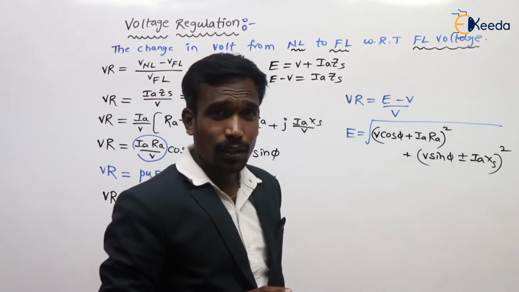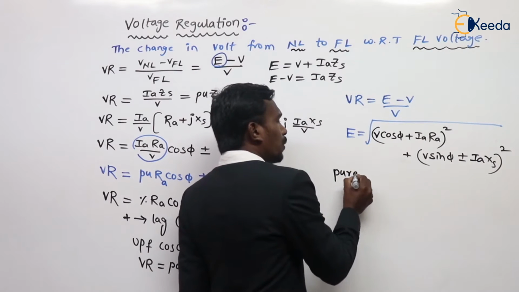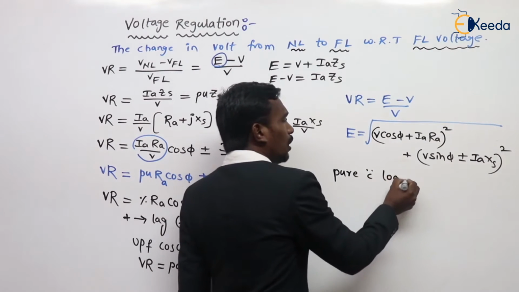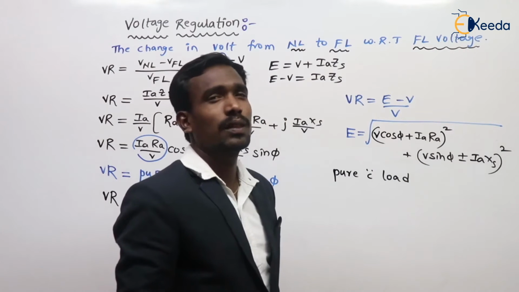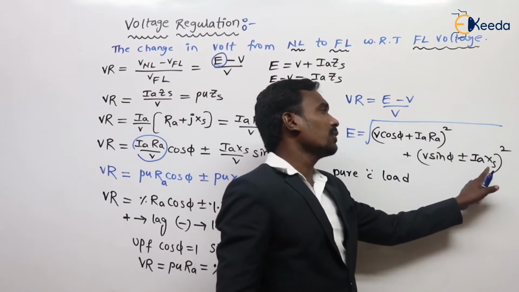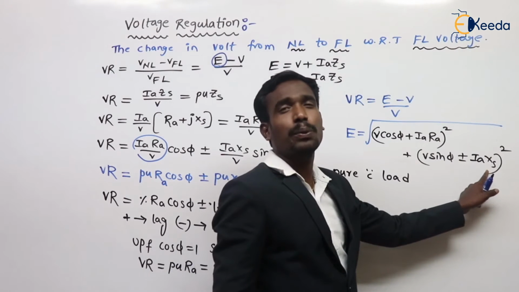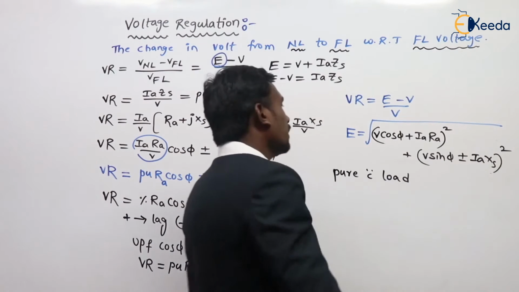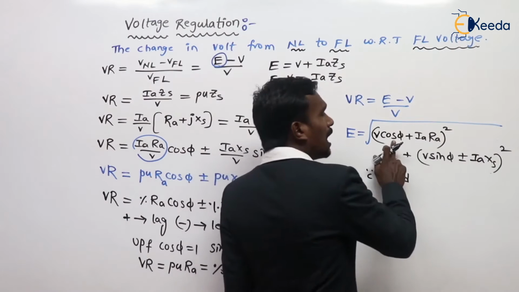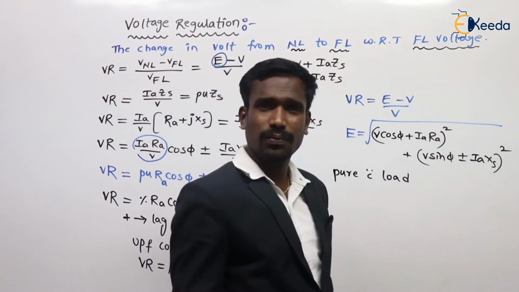Are you okay? For example, if they give a pure capacitive load, then for pure capacitive load, cos phi value is 0 and sin phi value is 1.